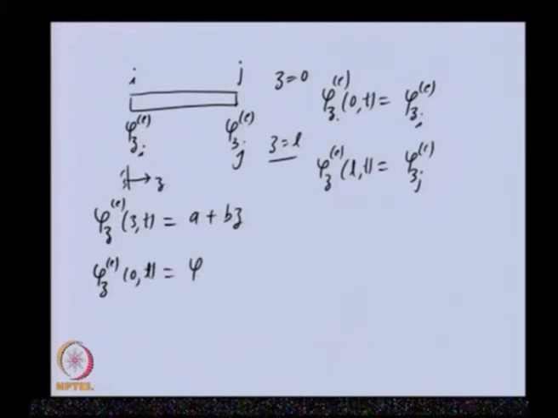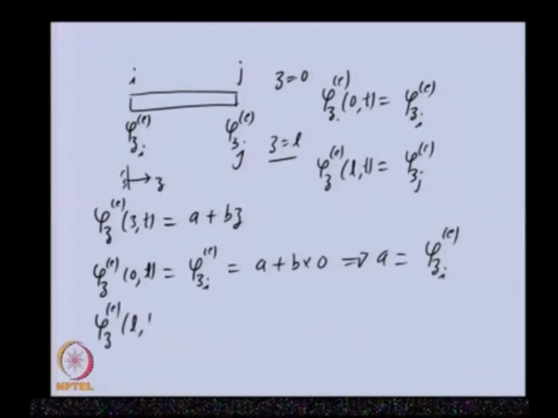So if we satisfy the first condition here, we will get this as phi z I for the element. So A plus B into 0. So from here we can see A is phi z I, and from the second boundary condition we have A plus B L, and that is equal to phi z j.